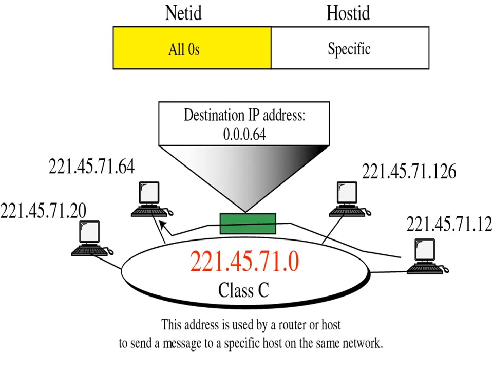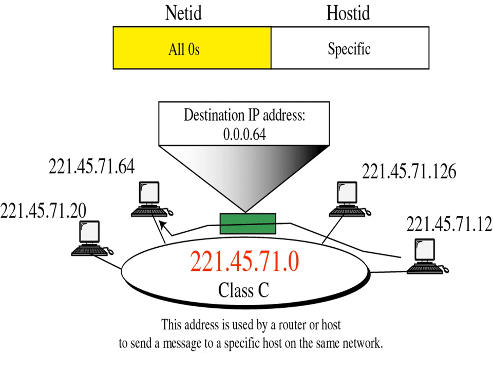Here you can see another destination IP address, in which the host bits are kept as they are and the network bits are made 0. Students, this address is used by a router or host to send a message to a specific host on the same network.